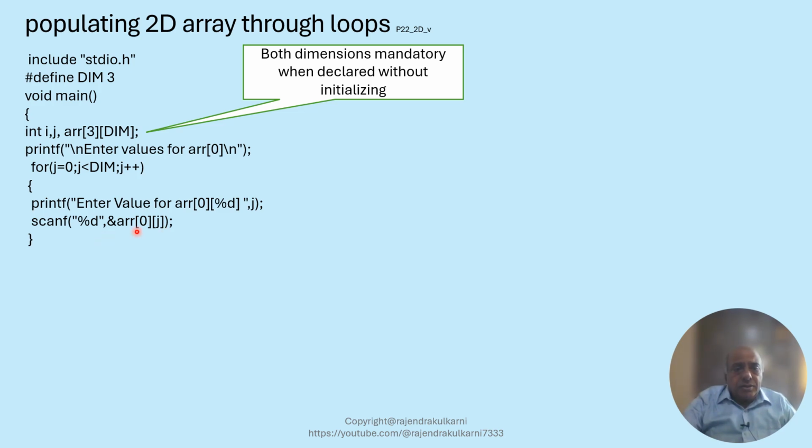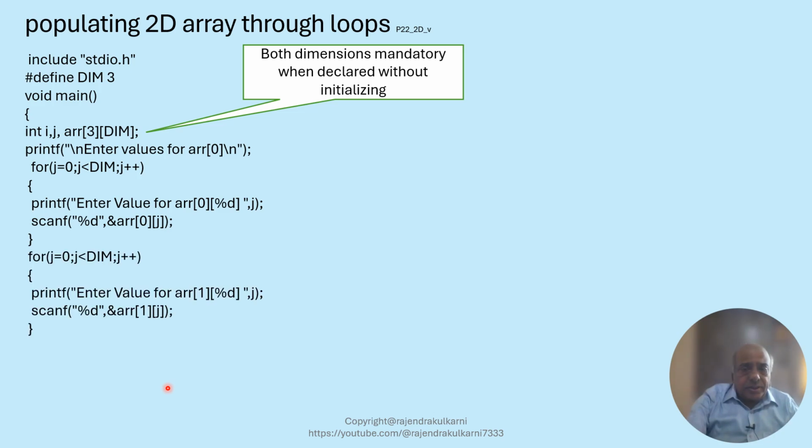So when the user enters 3 values in this printf statement, the element number 0 of the array ARR will be initialized with the 3 int constants which we are entering through the keyboard.